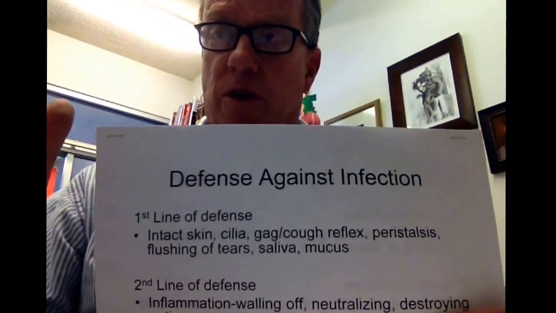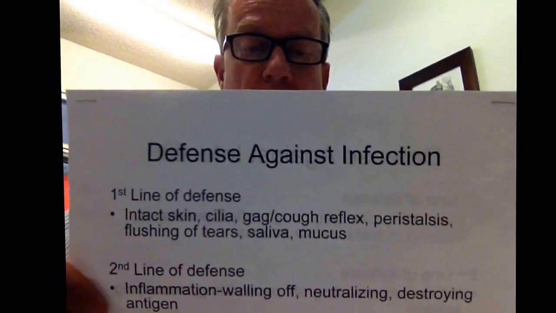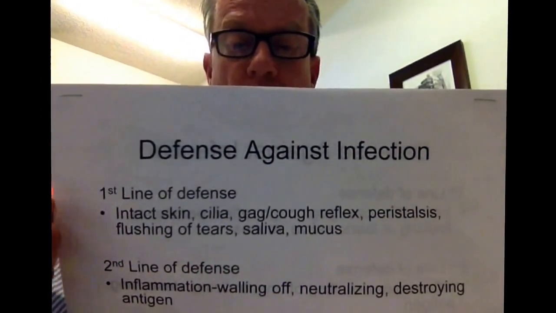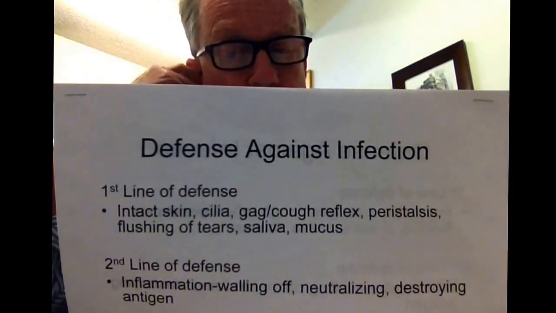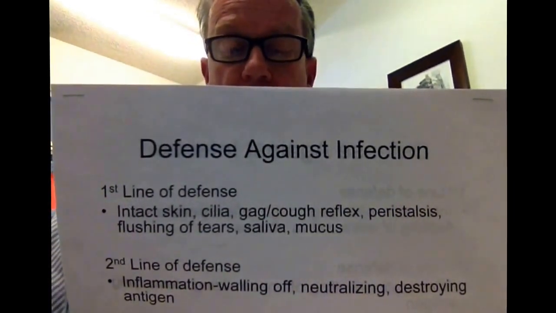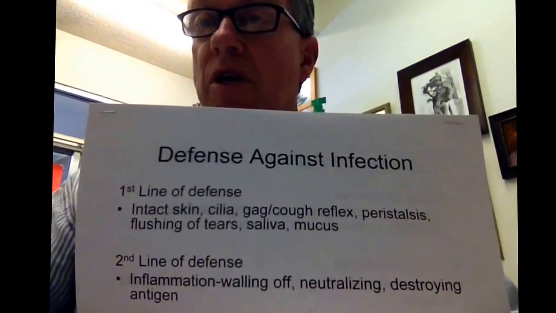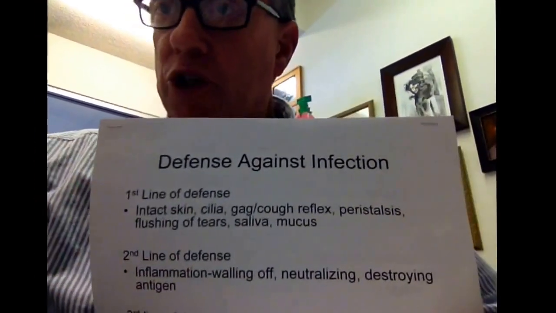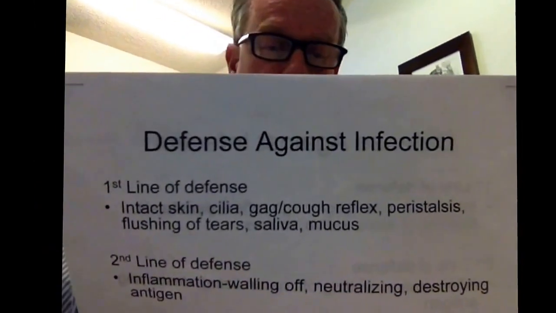Skin is the largest organ system. We're going to study that in depth. All of these things that are listed, gag reflex, peristalsis, flushing of tears, saliva, and mucus, are designed to expel that which could be a threat to the organism.